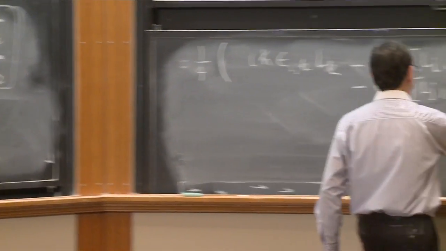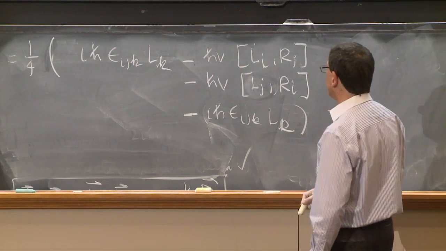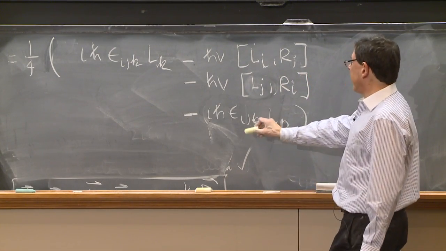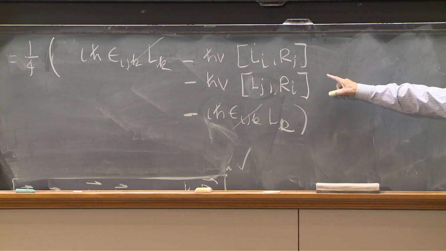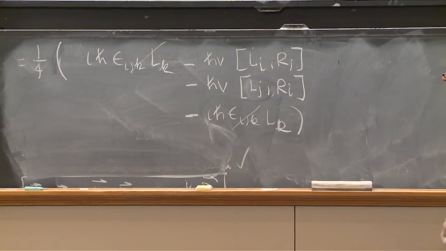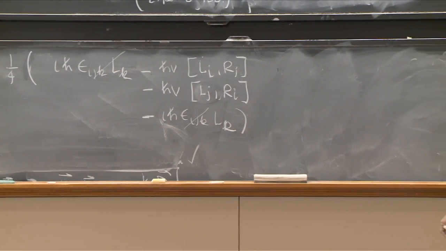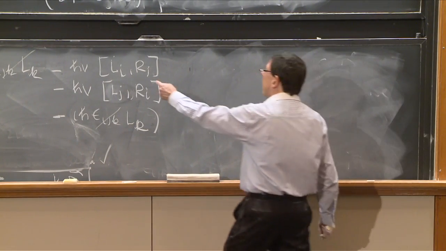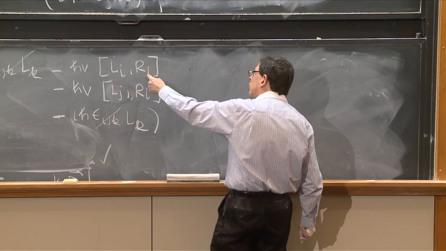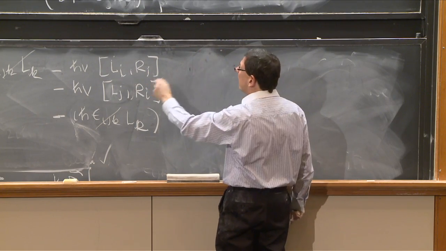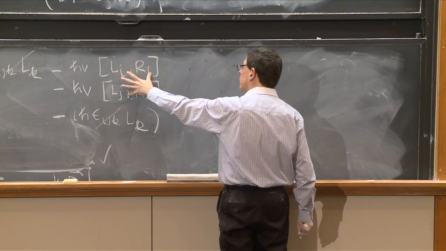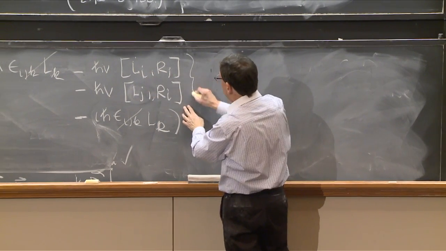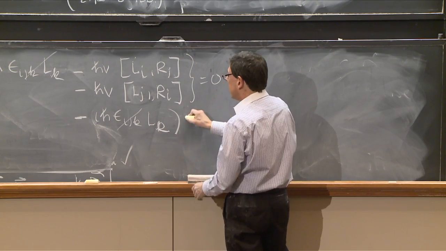Now look, this thing and this thing cancel. And these two terms actually cancel as well, because here you get an epsilon ijr, and here you get an epsilon jir something. So these two terms actually add up to 0, and this is 0.